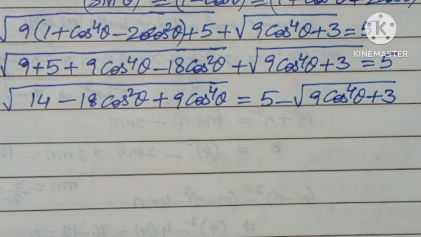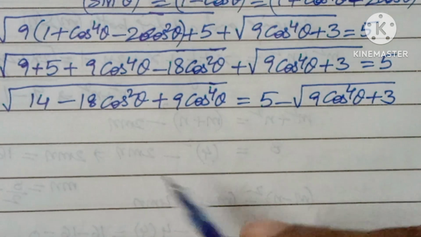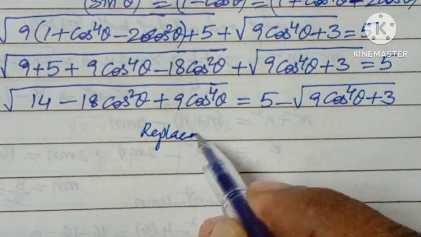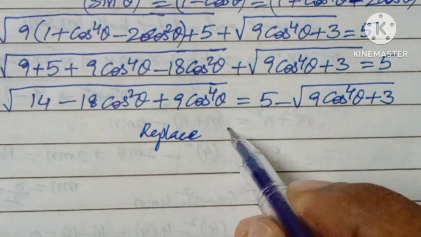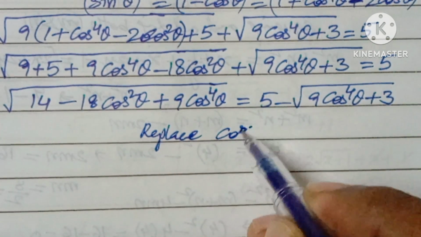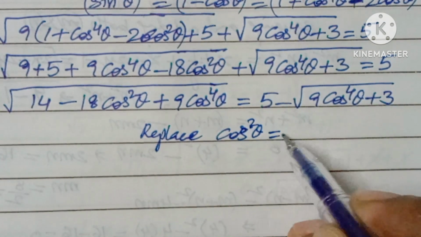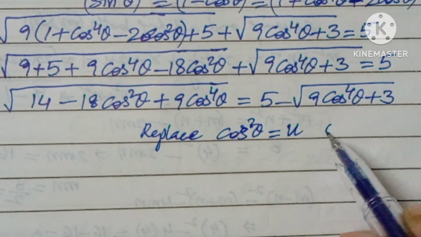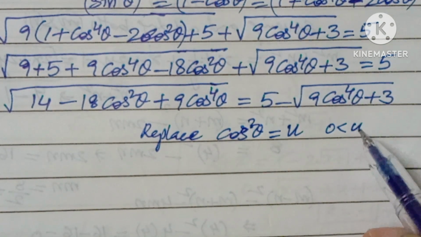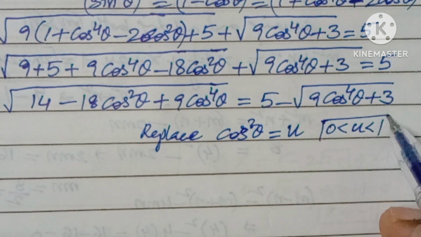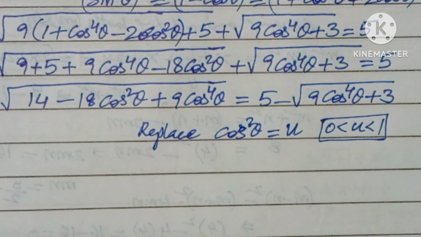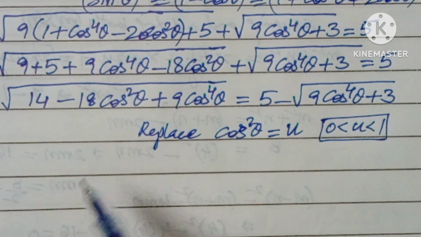Here I want to remove this cos theta value. I'll replace cos square theta with u, where this value lies between 0 and 1, a positive value.